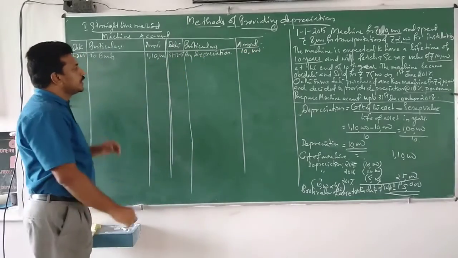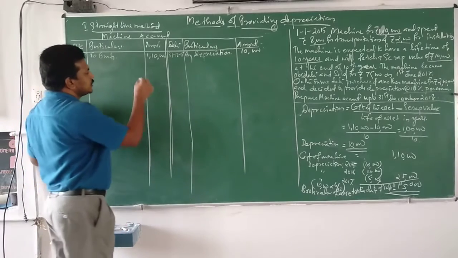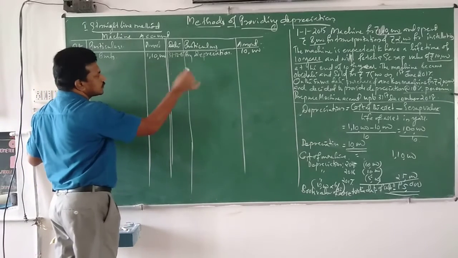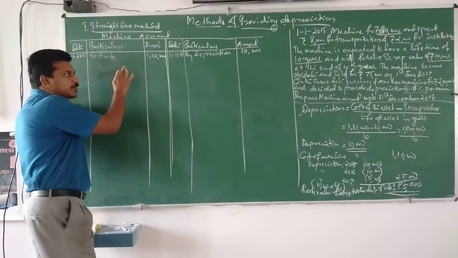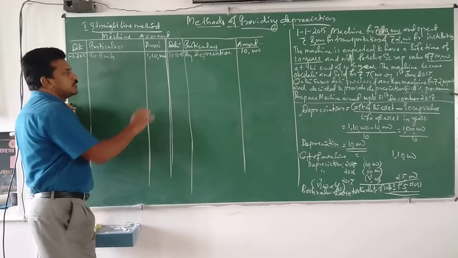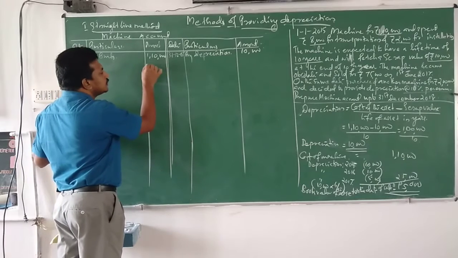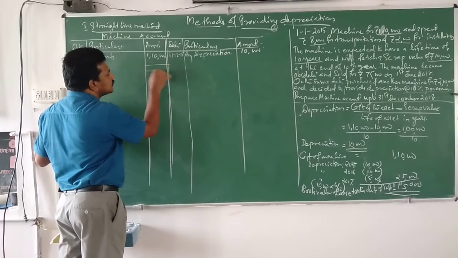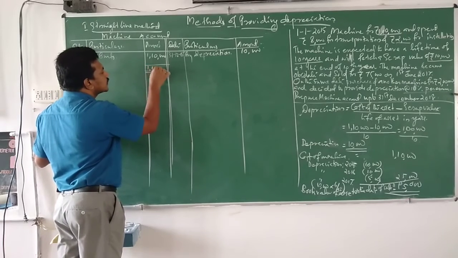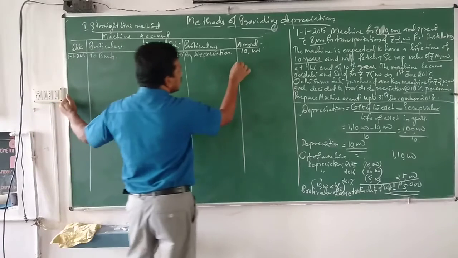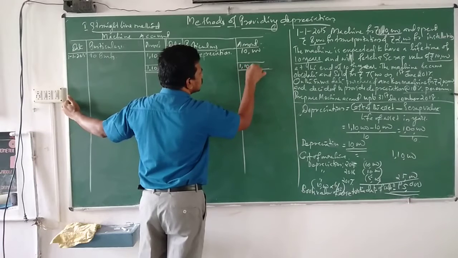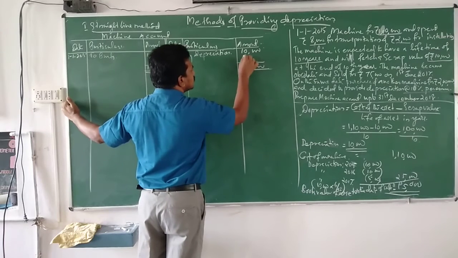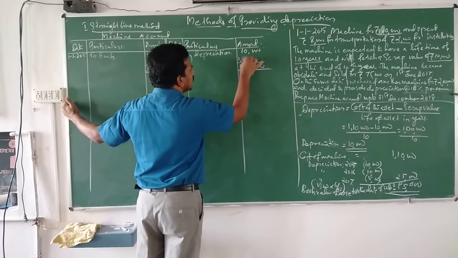Then we can find out the balance. The journal entries for that particular year are over, so we can balance the machine account. 1,10,000 minus 10,000, we can write 1 lakh.